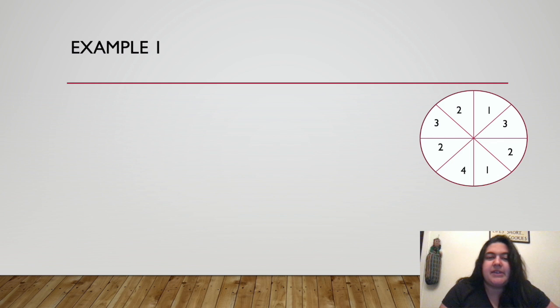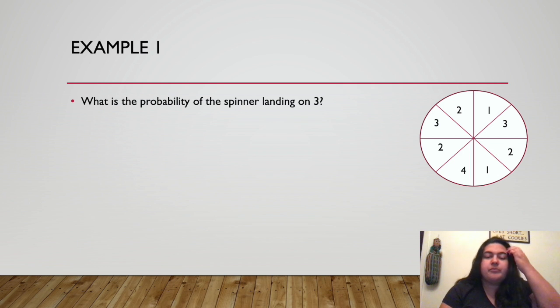Okay, here I have a spinner with a bunch of different numbers on it, and I want to know what is the probability of the spinner landing on 3. Well, our formula said we want to know the number of favorable outcomes over the possible outcomes. So let's take a look at how many 3s we have on our spinner.